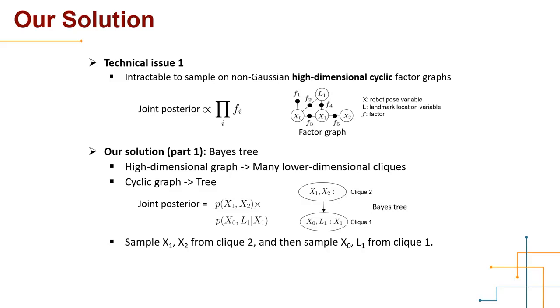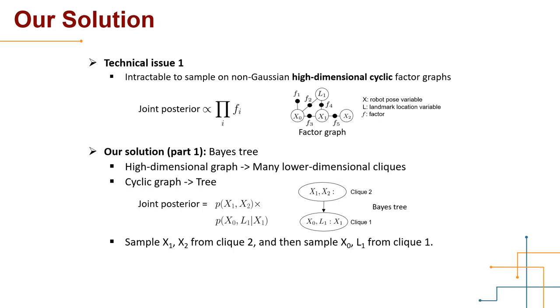Each clique is a node on the Bayes tree, which also corresponds to a conditional probability if we refactorize the posterior distribution. With the tree structure, we can sample variables in the root clique first, and then, conditionally on those samples, we can sample variables in the child cliques. We keep doing that until reaching the leaves of the tree.